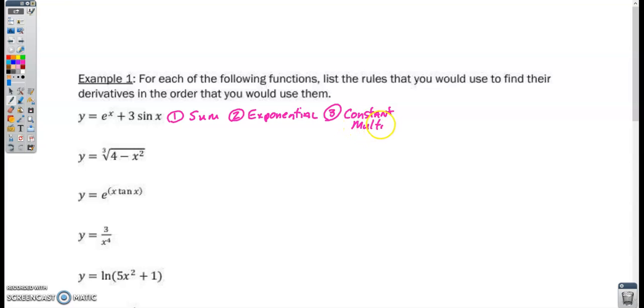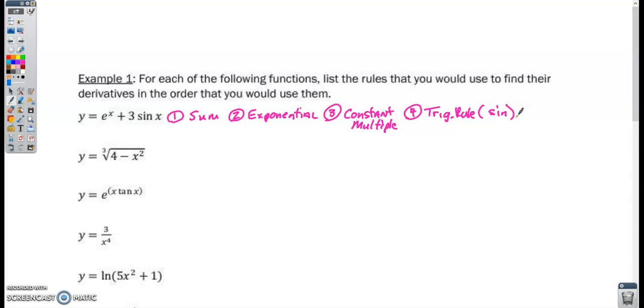So it's just going to be 3 times the derivative of sine of x. And then, of course, I need my trig rules specifically for sine of x. And those are all the derivative rules that I'm going to use in order to find the derivative of e to the x plus 3 sine of x.